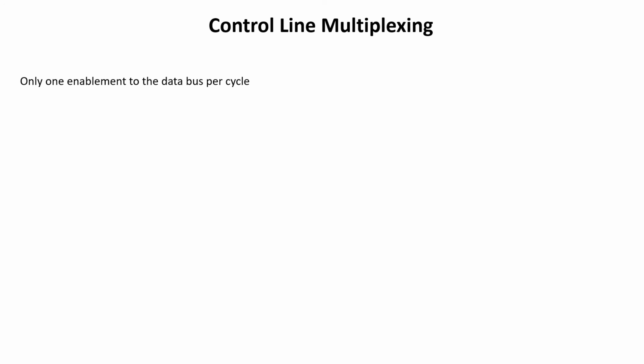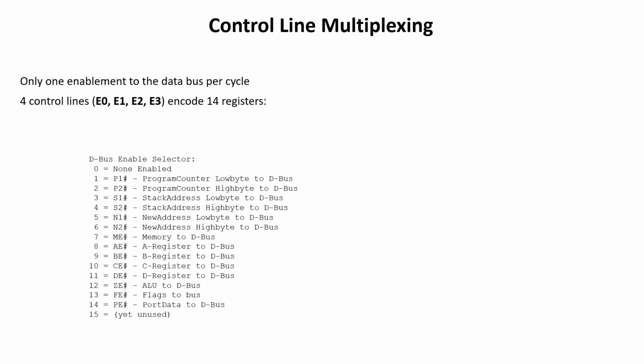Maybe you noticed the 4 bits for the data bus enablement on the last slide. I just want to explain this because there is only one enablement to the data bus per cycle. So there is only one register allowed to write to the data bus at the same time, and so it is enough to say which of the 14 possible registers is allowed to write to the bus at the time. And so 14 registers can be encoded in 4 control lines named E0 to E3, and there is a list of enablements in this case, and you see there's even a free one.